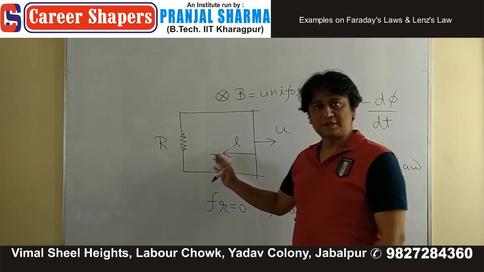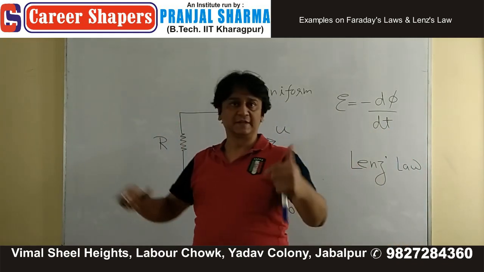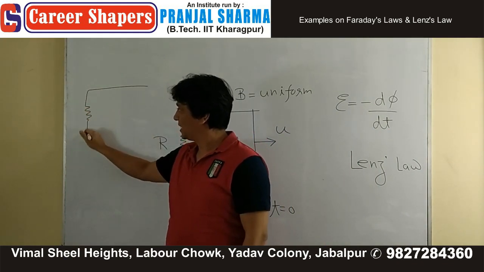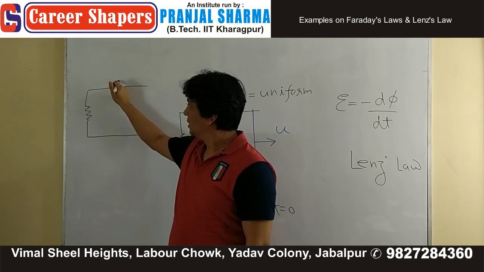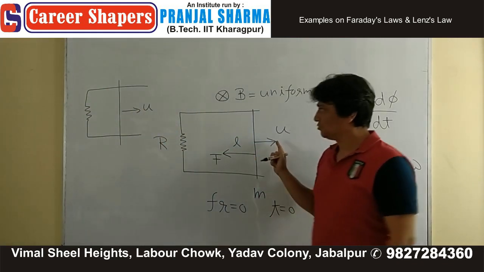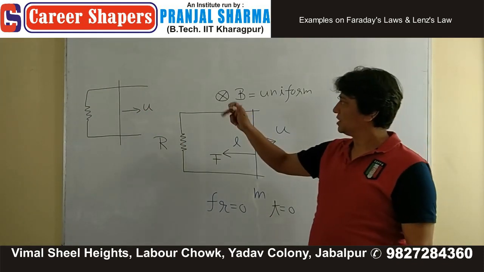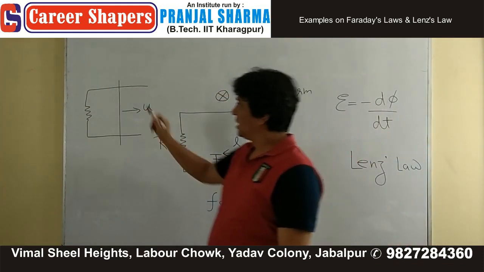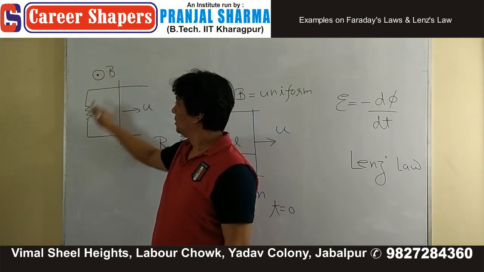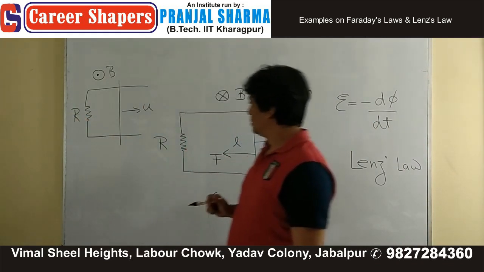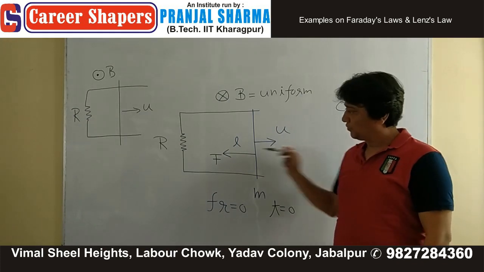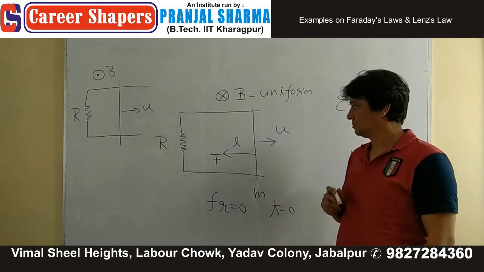If I produce the same setup, which in itself is an objective question, the rod is moving in this direction with u, same thing, but instead of having the magnetic field inwards, if I have a magnetic field which is pointing out, if we have a magnetic field which is pointing in, then the force is coming in this direction.